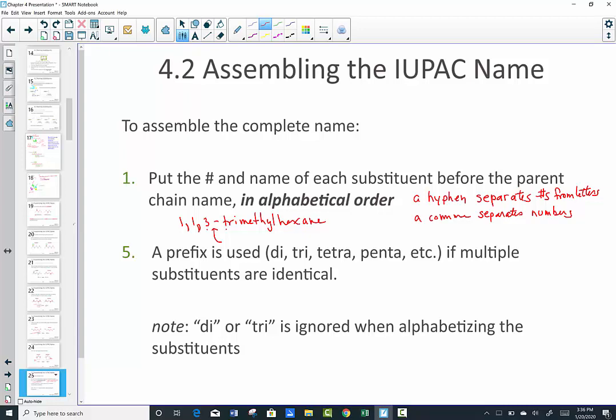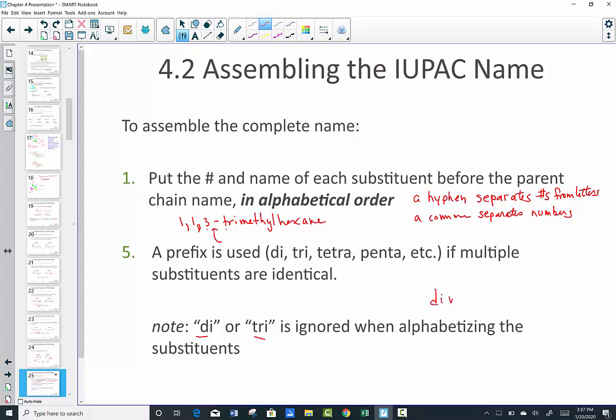Alrighty. A prefix is used, di, tri, tetra, penta, if multiple substituents are identical. Tell me how many there are. Remember, each substituent gets its own number. So even if I have dimethyl, I have to tell you where both are, even if it's on the same carbon, 1, 1, or 1, 2 if they're on different carbons. But don't use the di or tri as part of the name when alphabetizing.